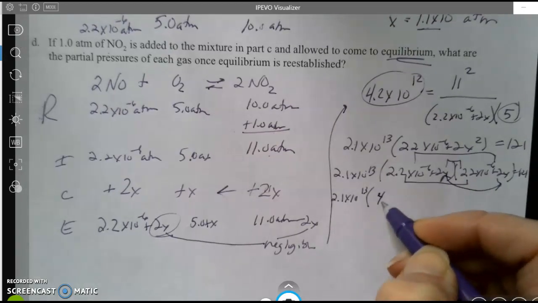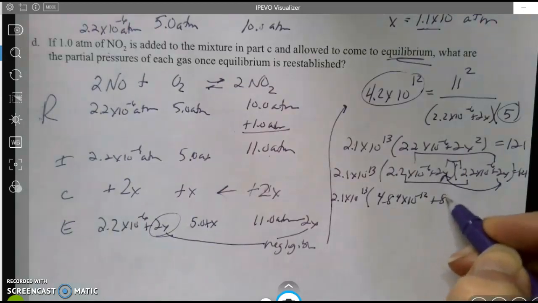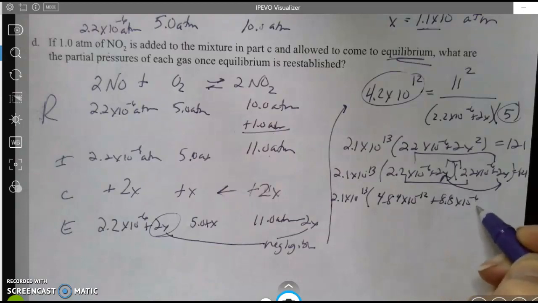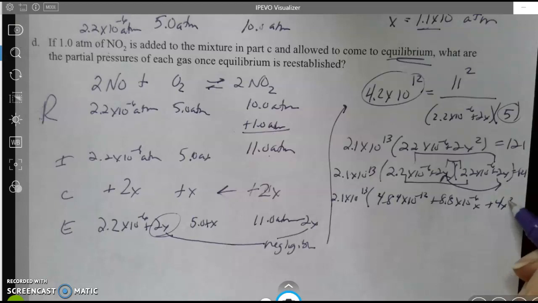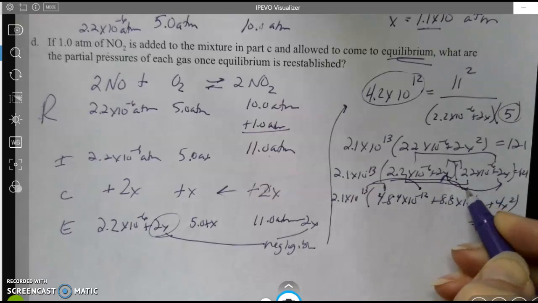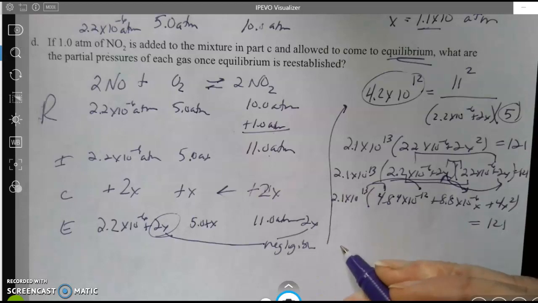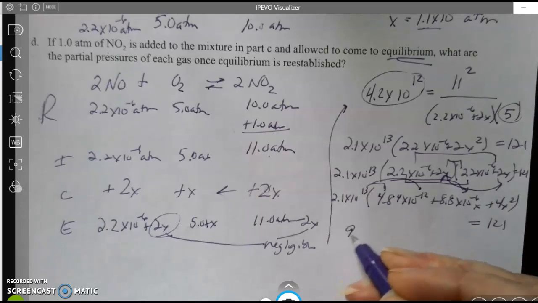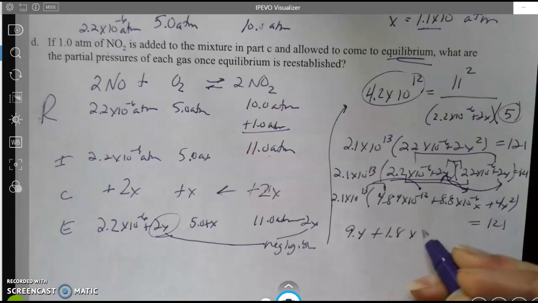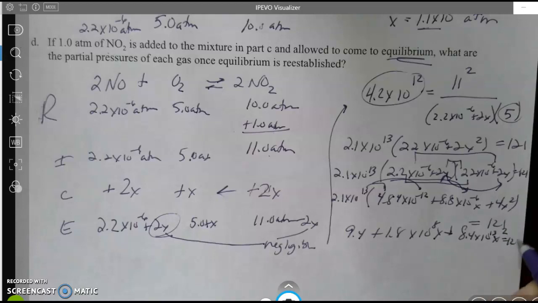Again, this is the math part, and on the exam, they're not going to have you do this. And then you're going to have to distribute this to all of your parts. So 94 plus 1.8 times 10 to the 8 x plus 8.4 times 10 to the 13th x squared equals 121.